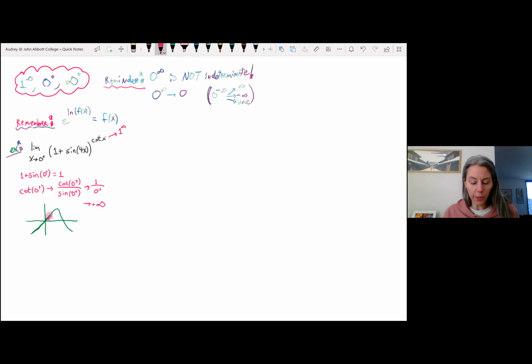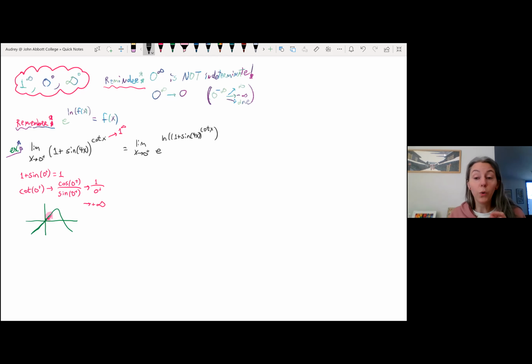So what we're going to do here is rewrite this thing as the limit as x approaches 0 from the right of e to the natural log of 1 plus sine of 4x to the power of cotangent x. There we go.